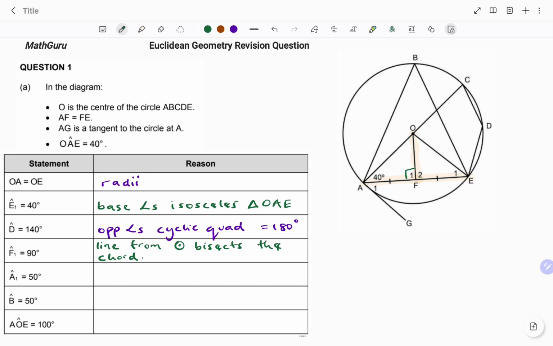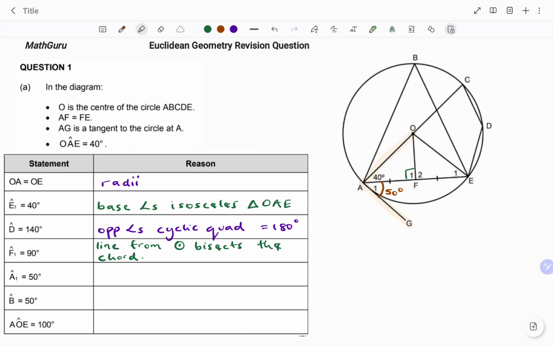The next statement says we have A1 equals 50 degrees. I have the A1, I'm going to highlight that. I have A1 equals 50 degrees. If you go back to the question, we've been told that AG is a tangent to the circle at A. So we have the line AG being a tangent. And we can see we have the radius OA, which is perpendicular to the tangent.